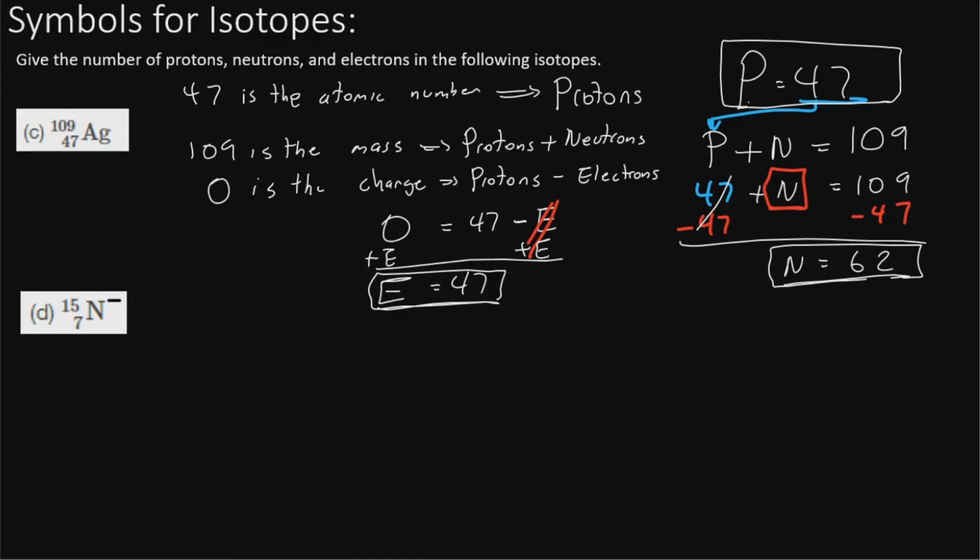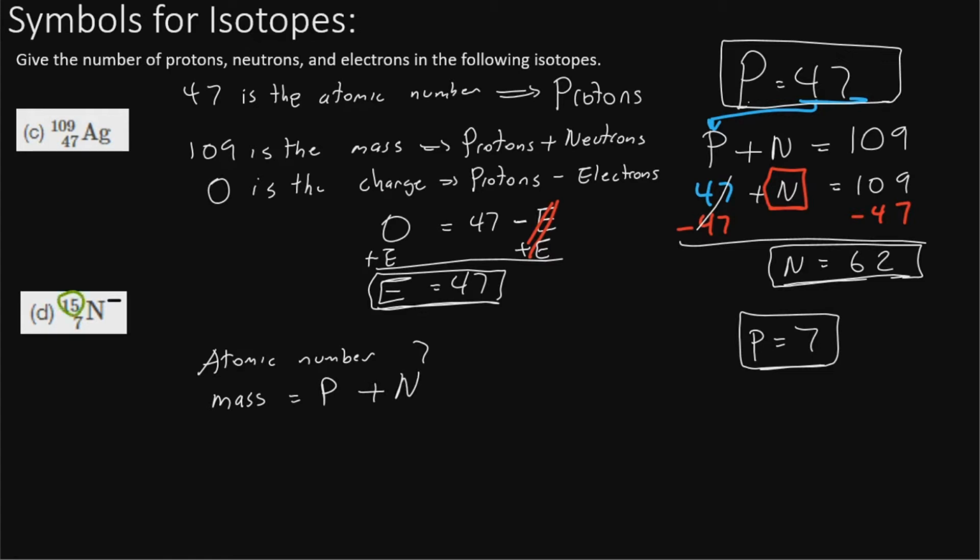Now let's try nitrogen. We can see on the lower left, the atomic number is 7. This will give us 7 protons. Now our mass is equal to protons plus neutrons.